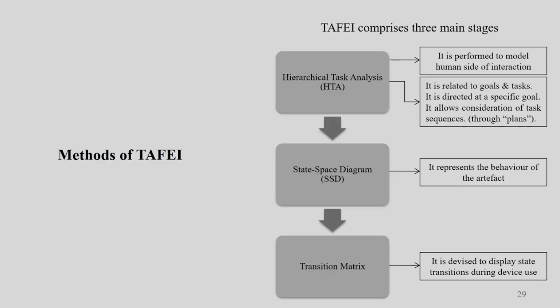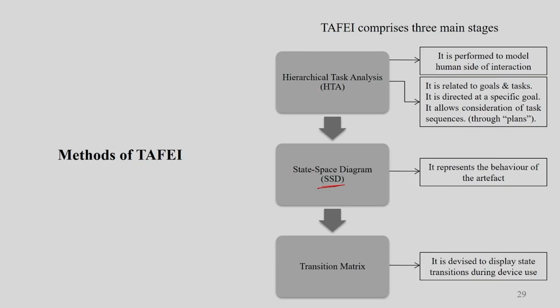So in the case of TAFEI also, we will start with hierarchical task analysis. Data can be retrieved from your previous study. If you have already done the hierarchical task analysis for the system, you can use the same data. Once you have your hierarchical task analysis data, you will go for the state space diagram, SSD, and then the transition matrix. Transition matrix means how you transition from one state to another.